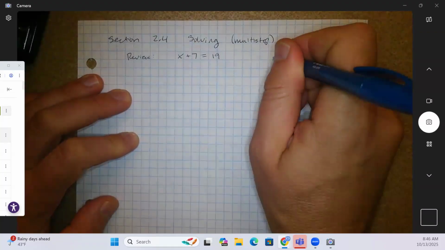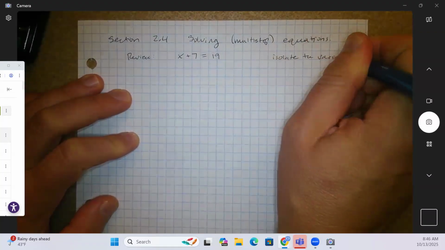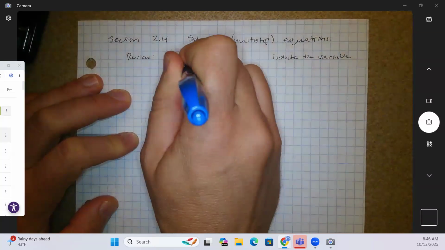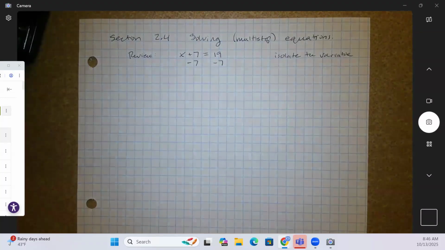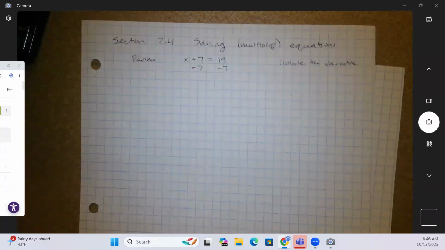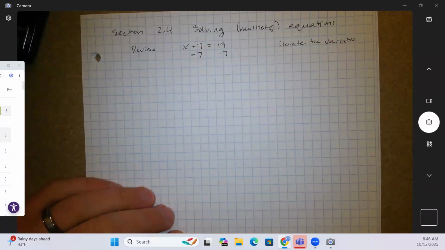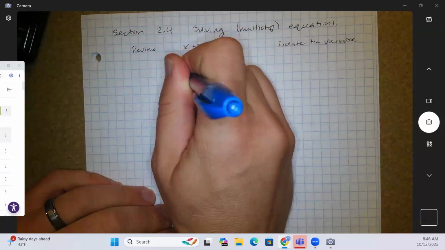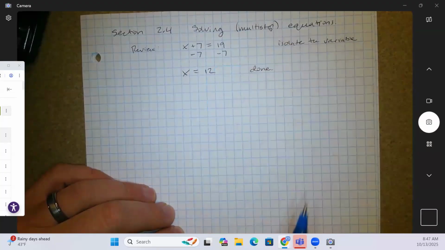And remember, we still want to isolate the variable. So we can just subtract the 7 from both sides. And the reason I subtract is because subtraction undoes addition. And I get x on the left side and 12 on the right side, and now I'm done.